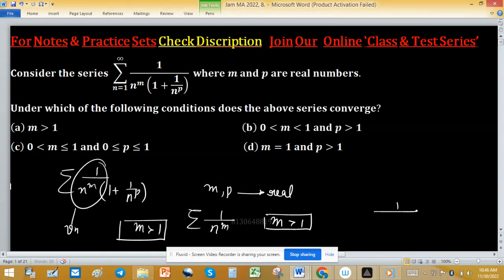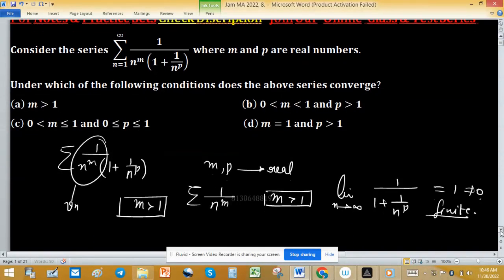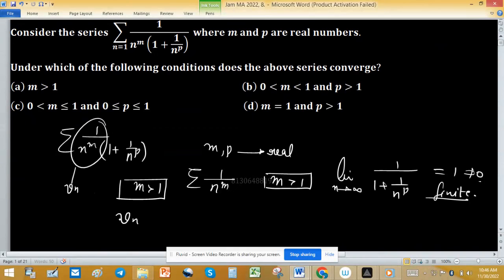And also 1 upon 1 plus 1 upon n raised to the power p, limit of this when n goes to infinity is 1, not equal to 0, meaning finite and non-zero. That's why Vn and the given series will converge or diverge together.